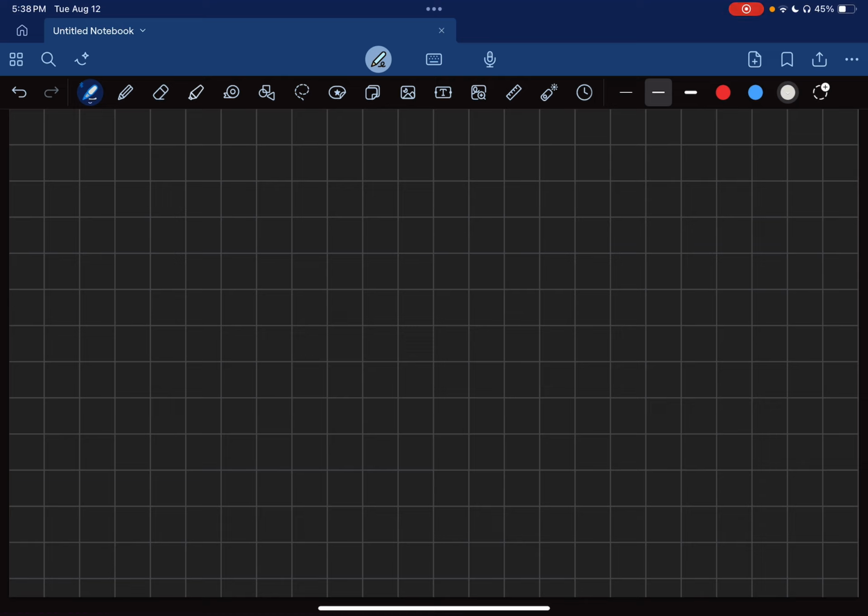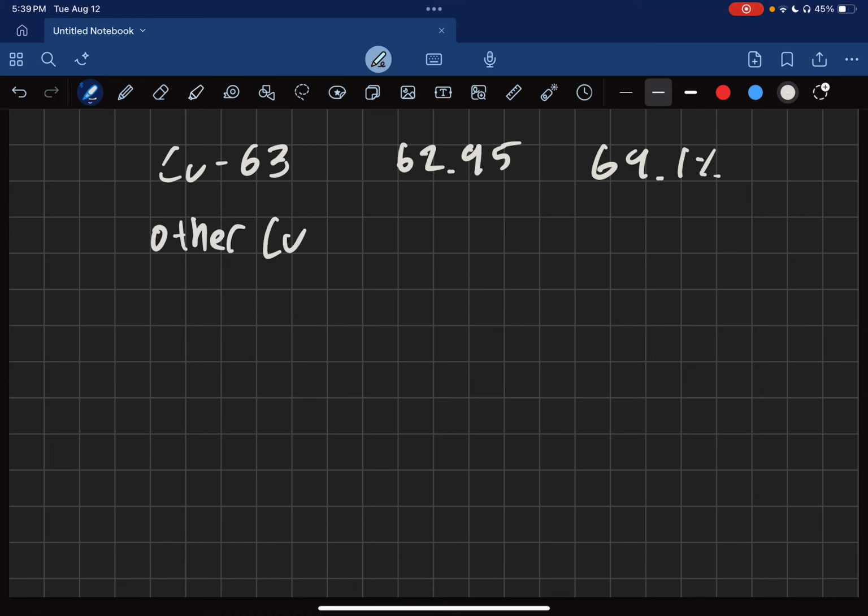Say that you have one isotope of copper, which is copper 63. The atomic mass of copper 63 in atomic mass units is 62.95, and let's say this is an abundance of 69.1%. You don't know what the atomic mass in units is of the other copper isotope.